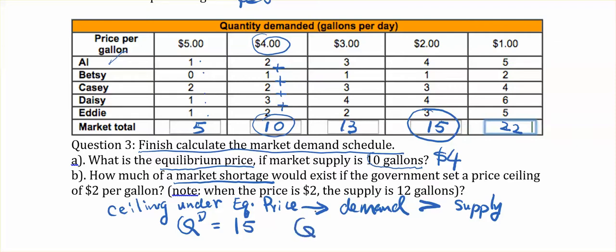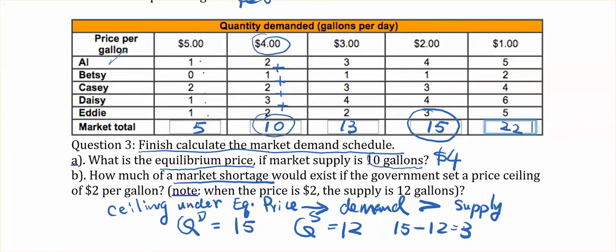So QS equals 12 gallons. See, there is a gap between the demand and the supply. The demand is larger than the supply by 3 gallons. So this 3 gallons will be the market shortage.